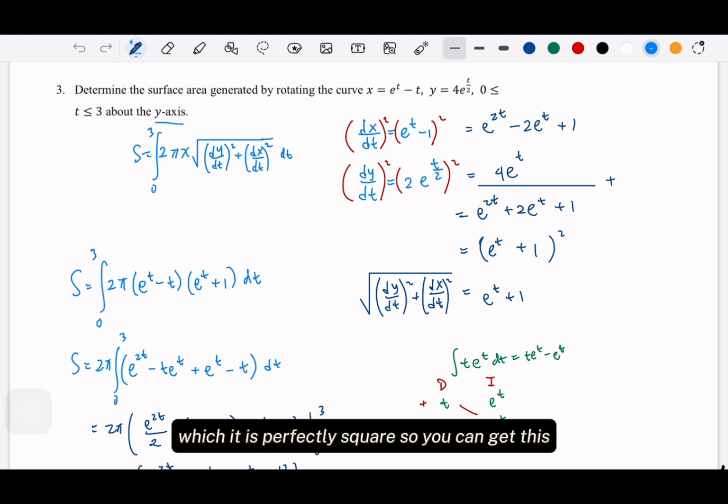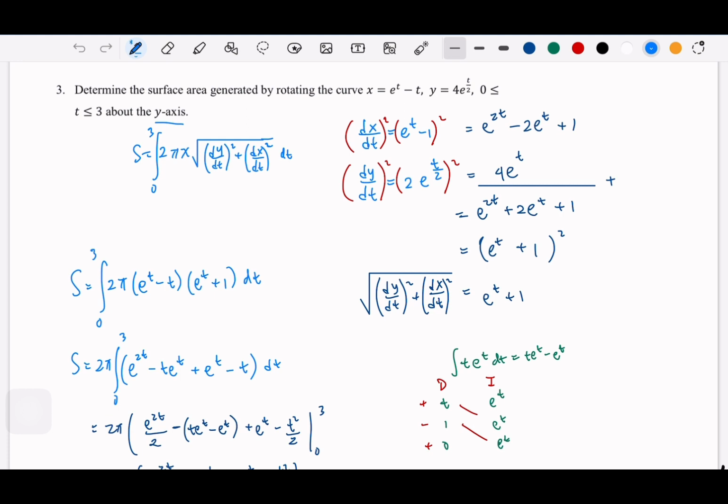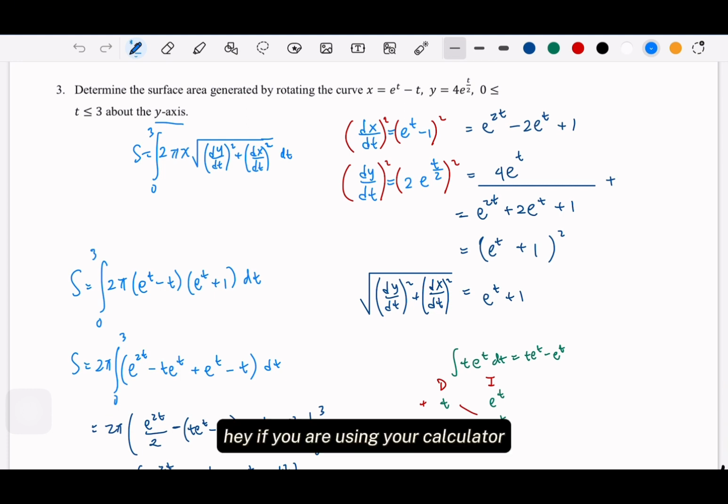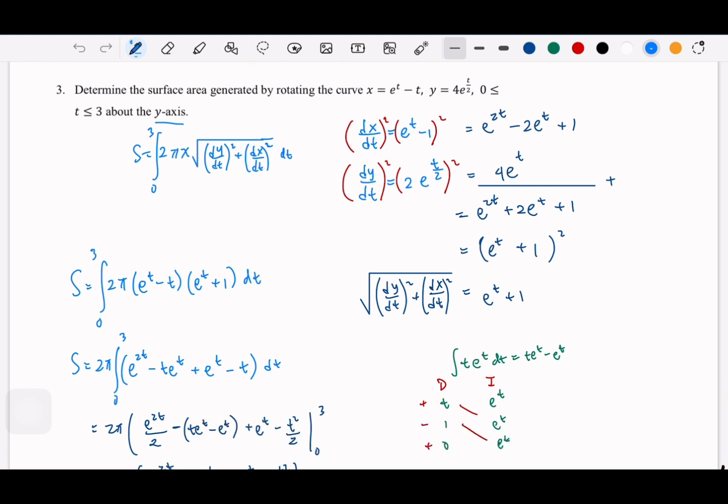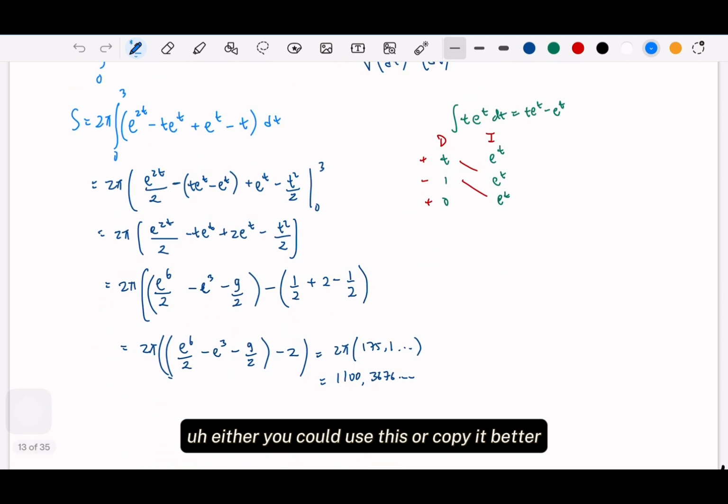So you get this square, and then you remove it by taking the square root, and you get this e^t plus 1, and then substitute and just multiply. And if you are using your calculator, you could just compute this, either using this or computing directly. It's around 1,000 something. That's for your quiz.